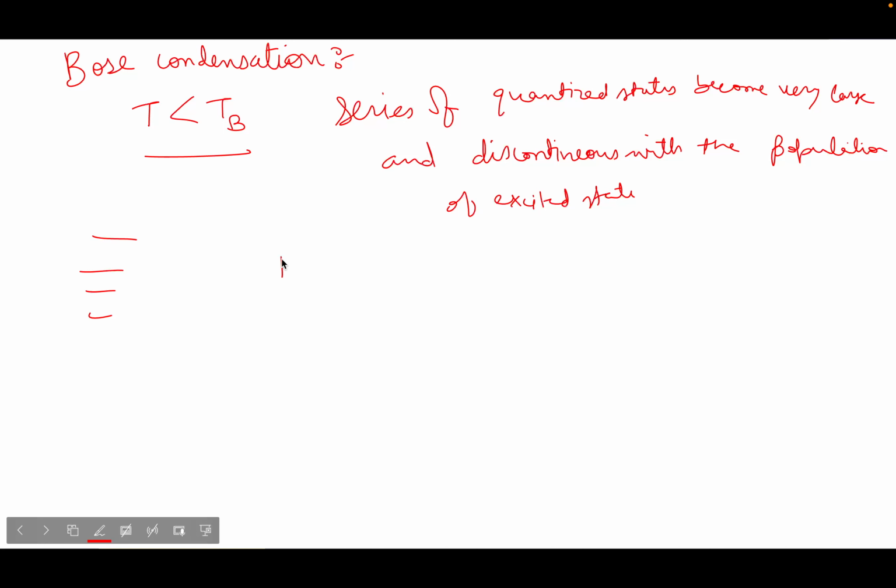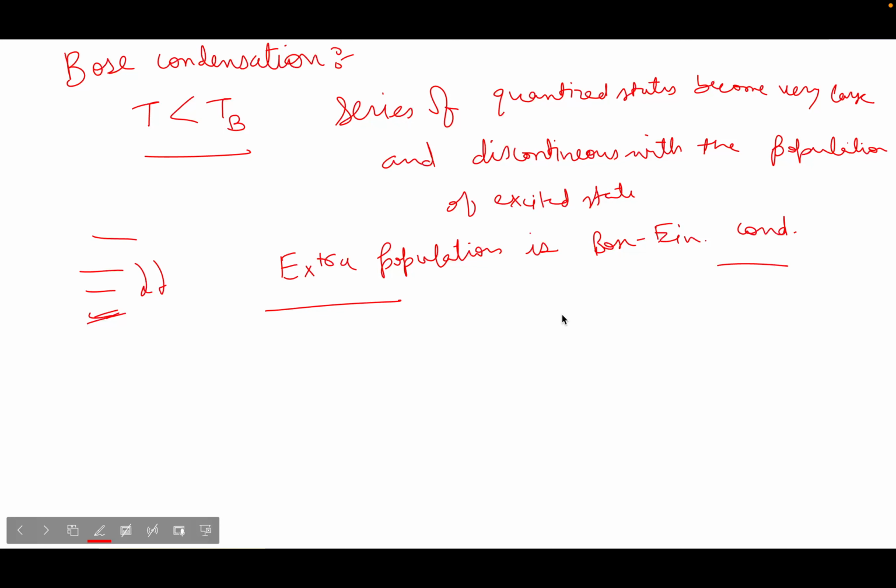So this extra population is Bose condensation, Bose-Einstein condensation. They are populating very fast in the ground state, and this extra population is Bose-Einstein condensation.